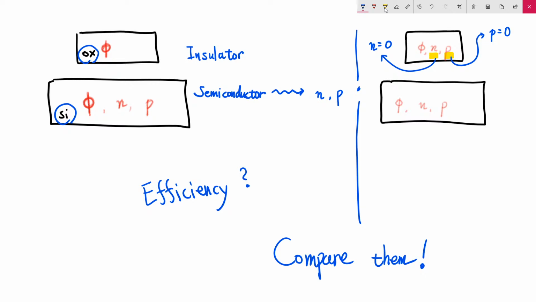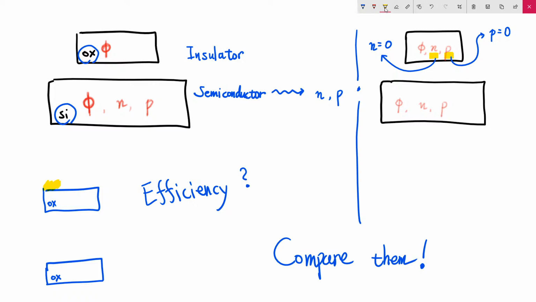Oh, Mr. Bach, even in the oxide, we have to consider electrostatic potential. Otherwise, think about our double gate structure.